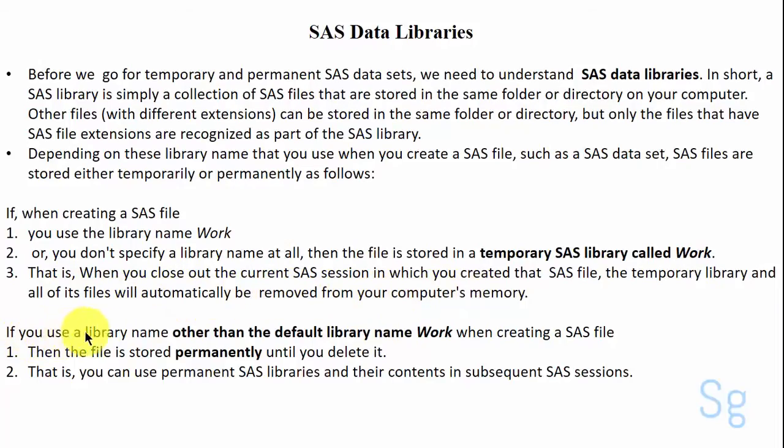If you use a library name other than the default library name work when creating a SAS file, then the file is stored permanently until you delete it. That is, you can use permanent SAS libraries and their contents in subsequent SAS sessions.